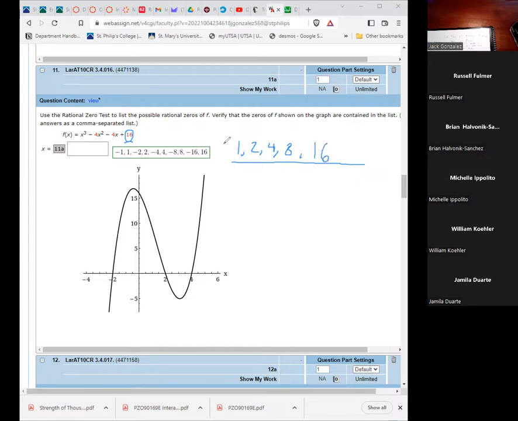Did I miss any? I think so. And then you do this coefficient. It's just a 1. So 1/1 is a 1.